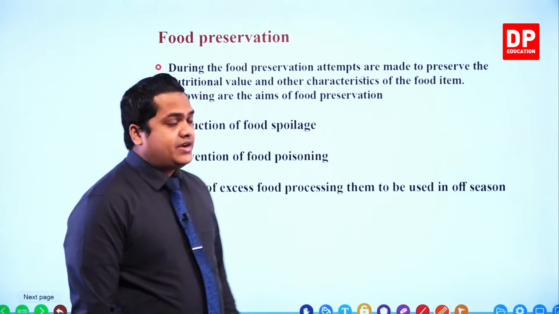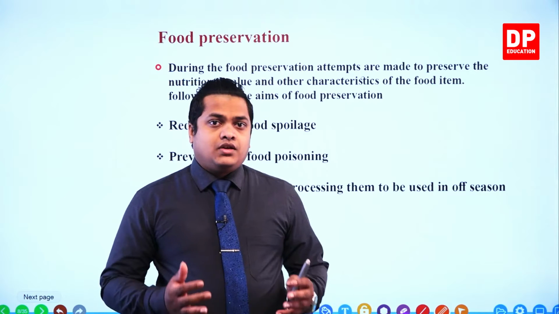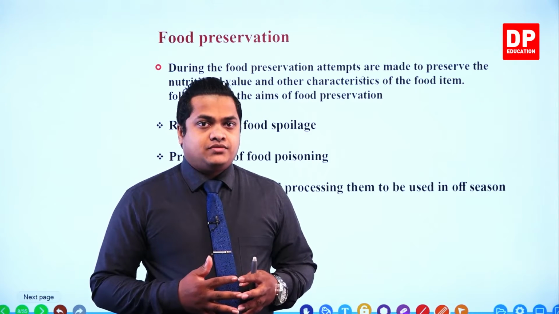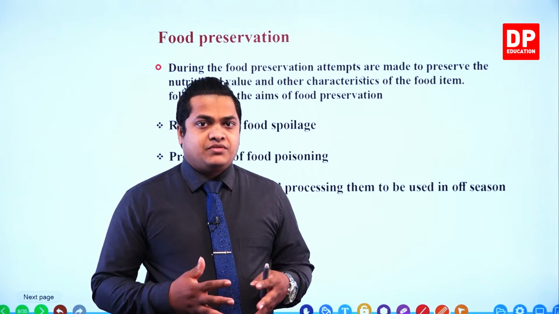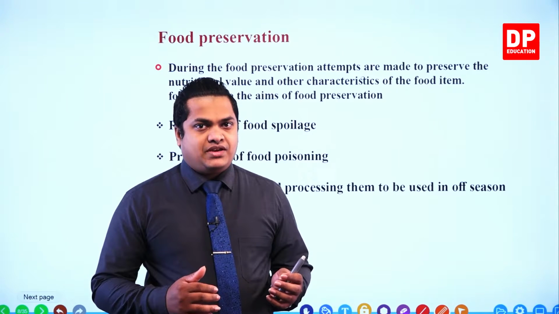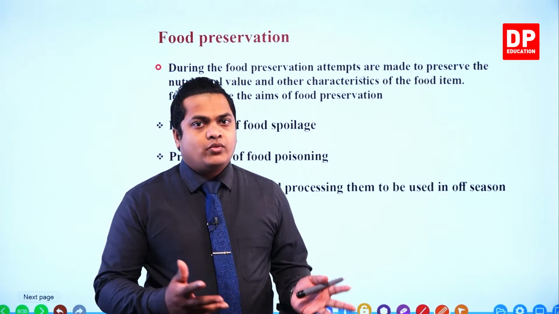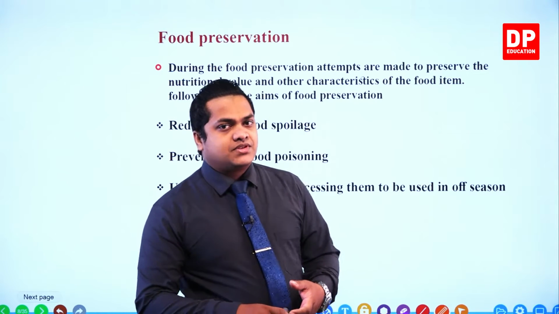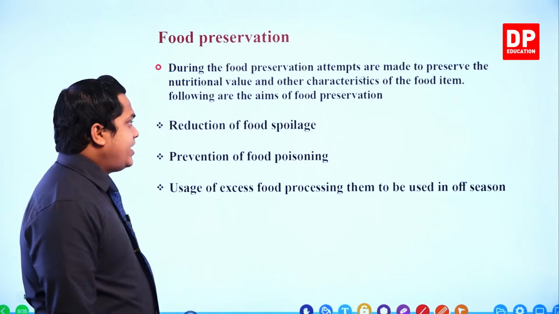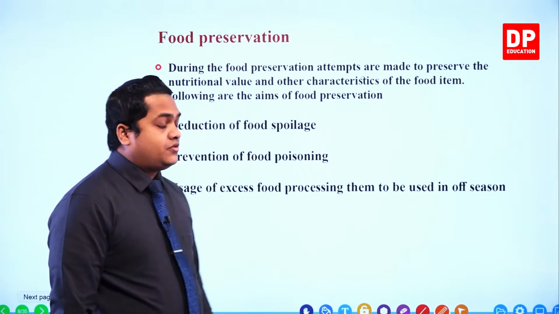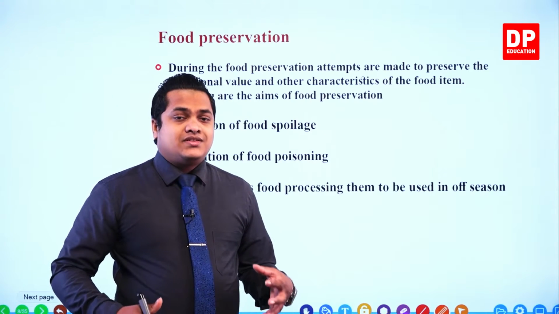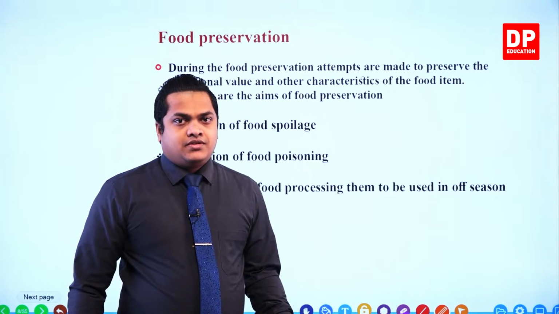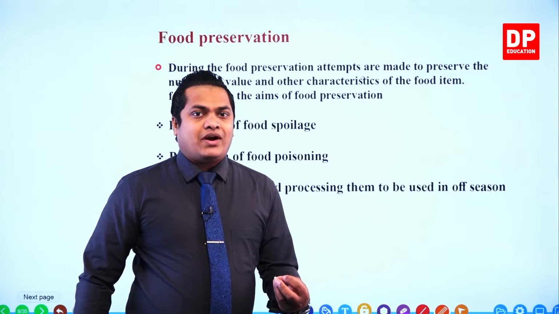I told you that food preservation means keeping food for a longer time period. So what are the aims? Why do we need to preserve food? So we'll see the aims. Number 1, reduction of food spoilage. This is the main reason for preserving food. Here we are reducing the spoilage of food.